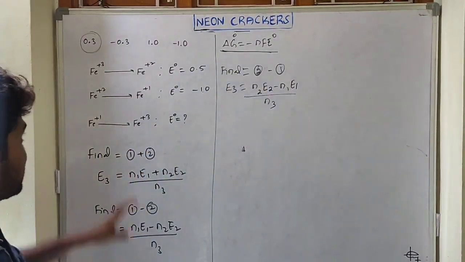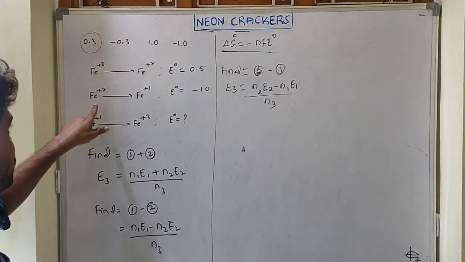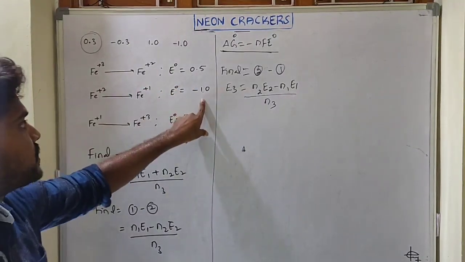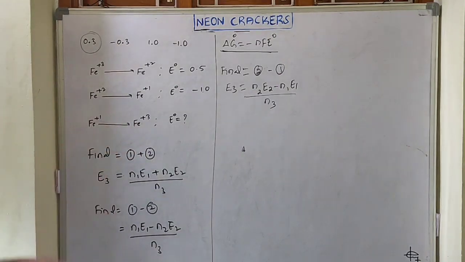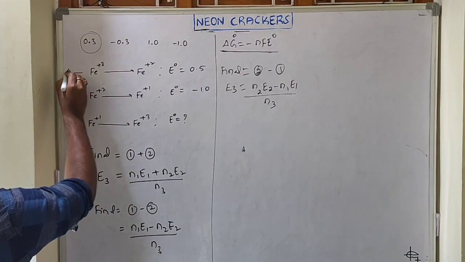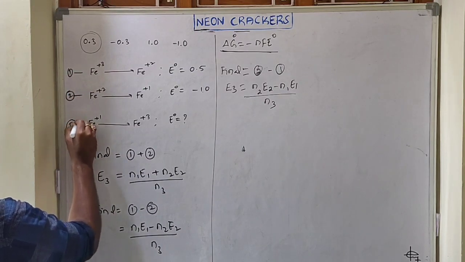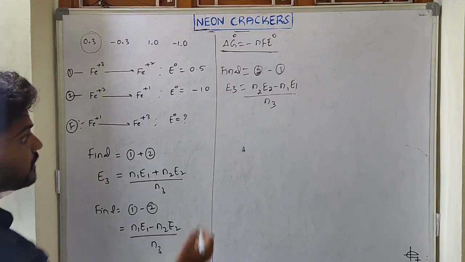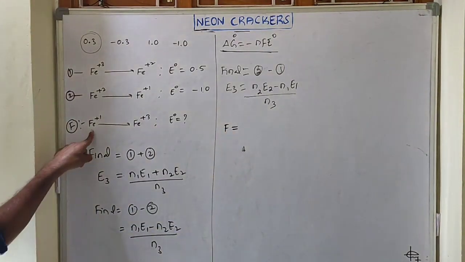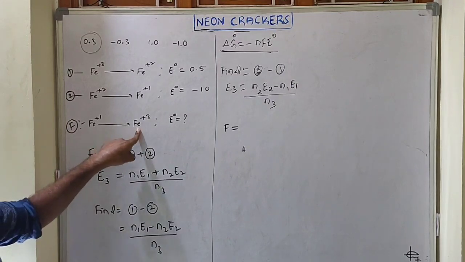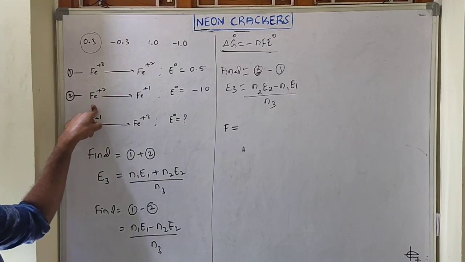Now what is the given data here? Fe3+ to Fe2+ has one potential value, Fe2+ to Fe+ has one potential value, and the question is about Fe+ to Fe3+. Consider the first equation, the second equation, and this is our final equation. How can we write the final equation? Fe+ should be on the reactant side and Fe3+ on the product side, so we have to cancel Fe2+.